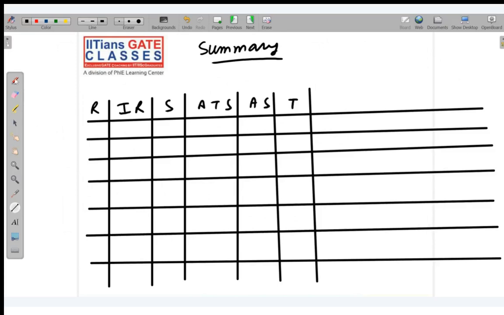Okay, so the very first is R1. R1 is equal to {(1,1), (2,2), (2,3)}, and the parent set is given as {1, 2, 3}, because I have told you many times, without the parent set we cannot guarantee anything.